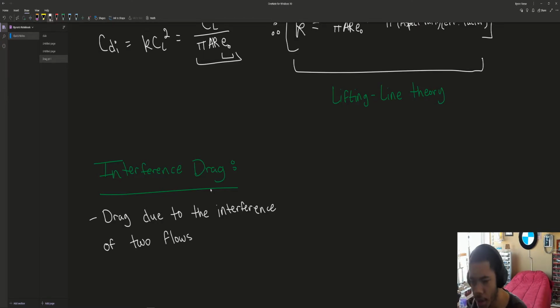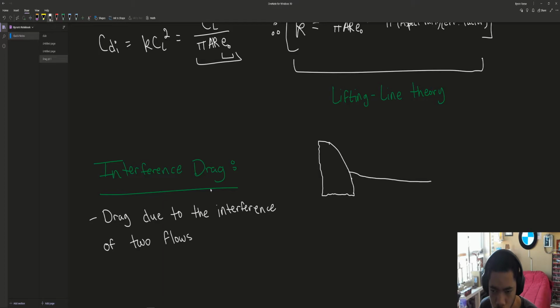So imagine we have, this is the fuselage of a plane right here. And then we have the wing. Might look a little something like this, the wing.